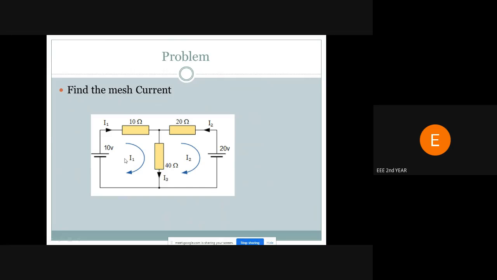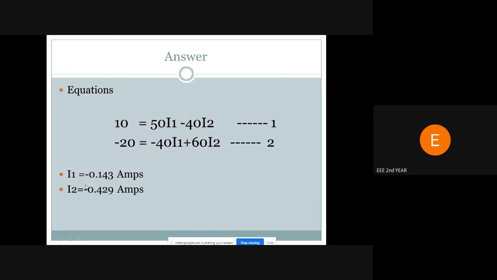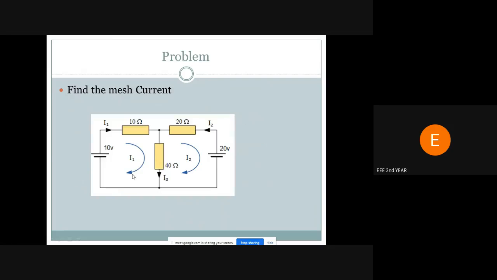Let I1 be negative, I2 is also negative, so both should be in the anti-clockwise direction. In this branch, this current is flowing through this direction and this current is flowing through this direction. So I1 is flowing from bottom to top and I2 is flowing from top to bottom.